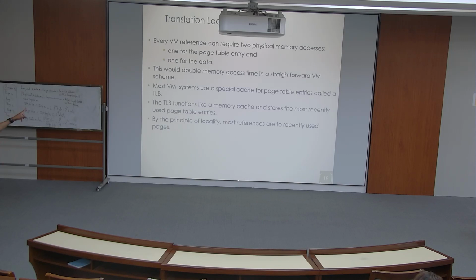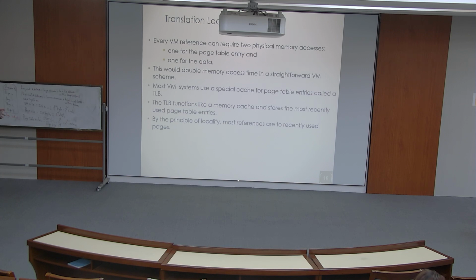This translation look aside buffer stores what we call the most recently used page table entries, to avoid the system going to the main memory multiple times. The same goes for the cache memory, which is there to store the most recently used data to avoid multiple accesses of the central processing unit to the main memory.